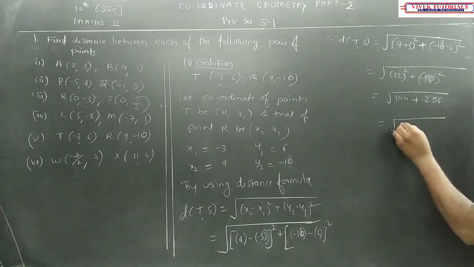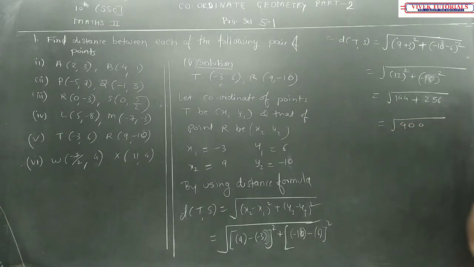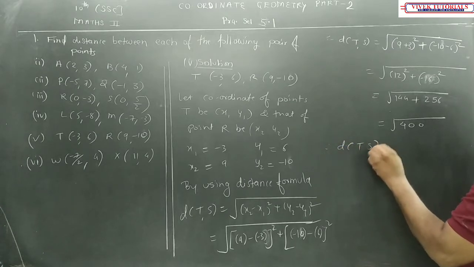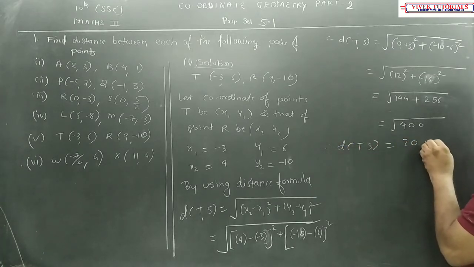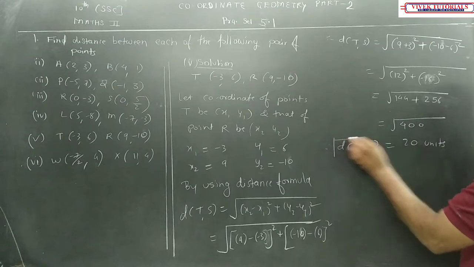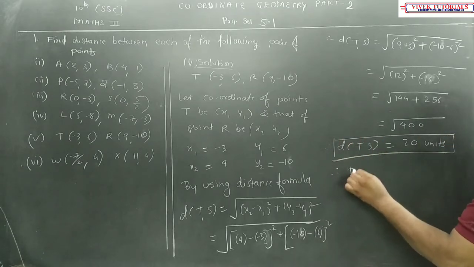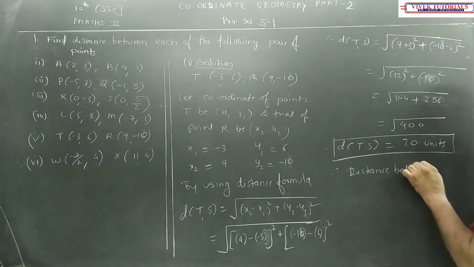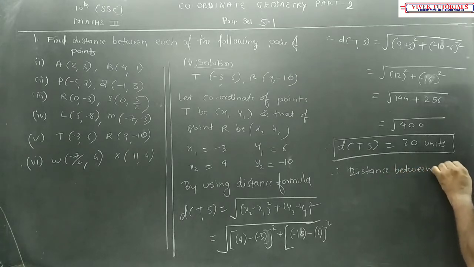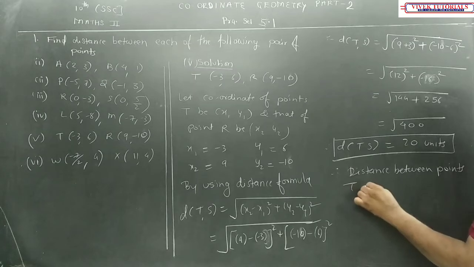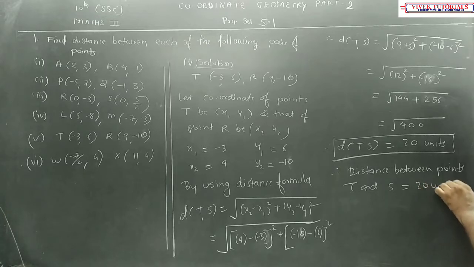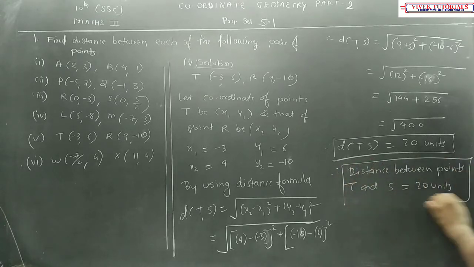And when I am adding, I am getting 400. Therefore, distance TS is equal to 20 units. Therefore, distance between points T and S is equal to 20 units. That you have to put in a box.